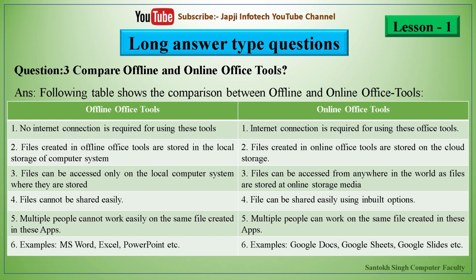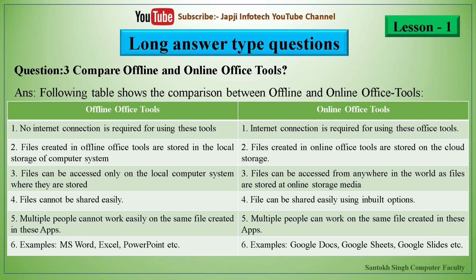And the second one is, files created in offline office tools are stored in the local storage of the computer system, whereas files created in online office tools are stored on the cloud storage. Third, files can be accessed only on the computer system where they are stored, whereas in online office tools, files can be accessed from anywhere in the world as files are stored on online storage media.